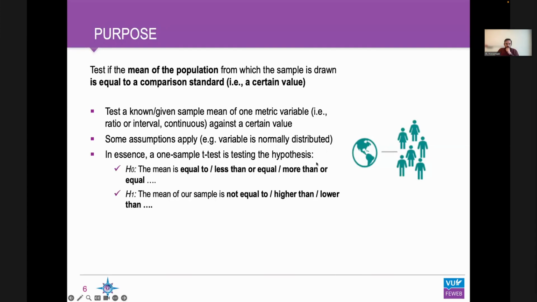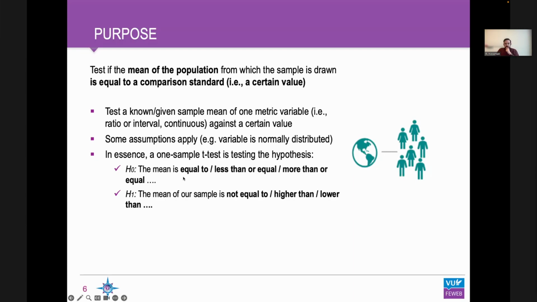And the hypothesis for the one sample t-test is related to the mean, as I said. So we say H0: the mean is equal to, less than or equal to, or more than or equal to some given number. And then H1 would be that the mean of our sample is not equal to, higher than, or lower than a particular value.